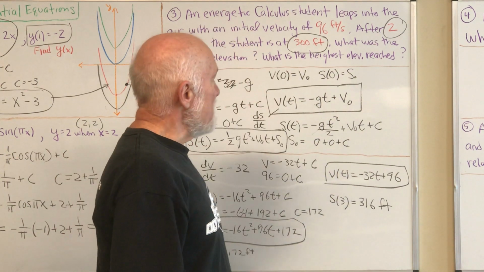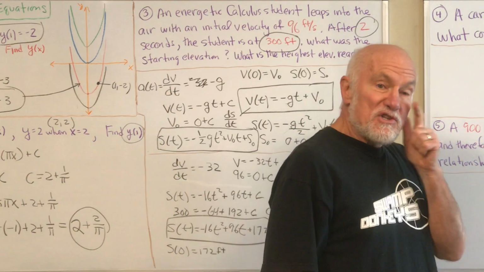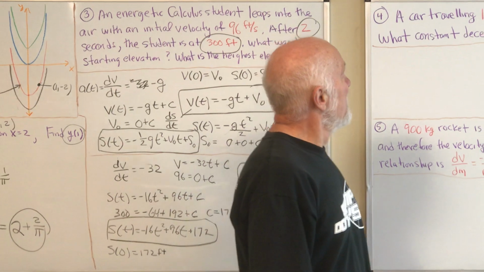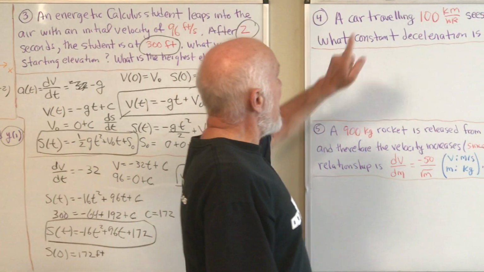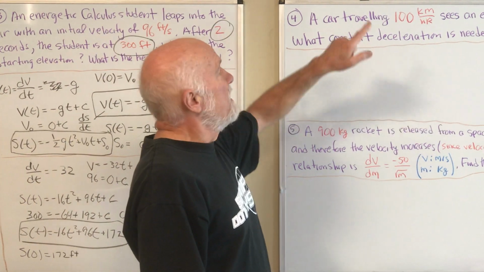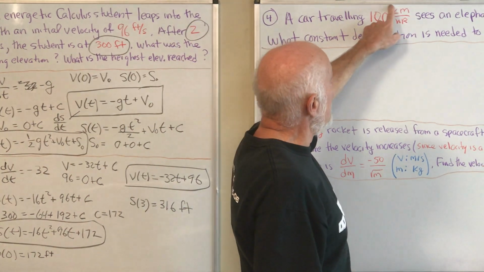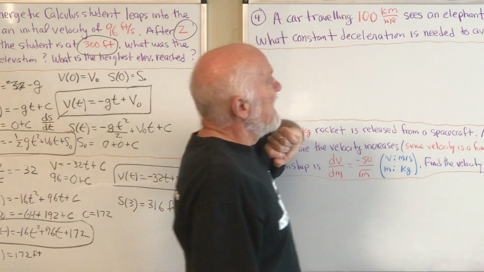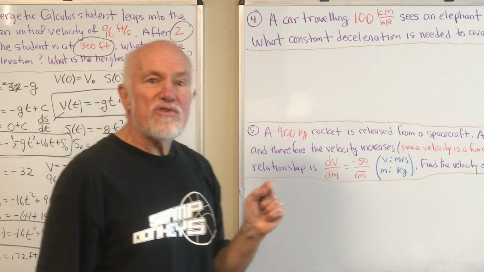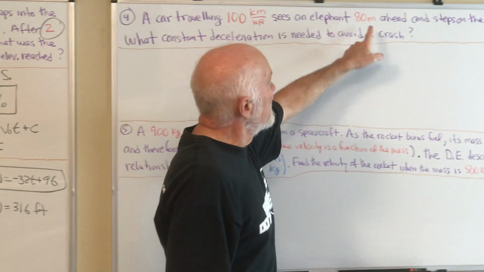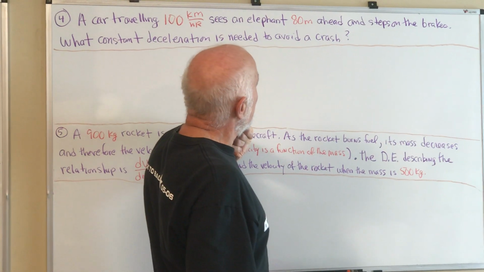Okay, so let's try 2 more problems. This time, we're not in free fall. We have a car traveling at 100 kilometers per hour and looks ahead 80 meters in the distance, it sees an elephant.